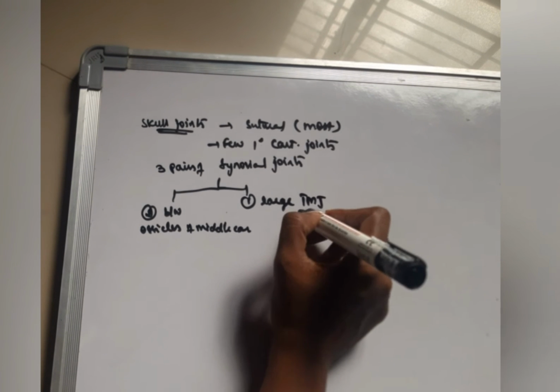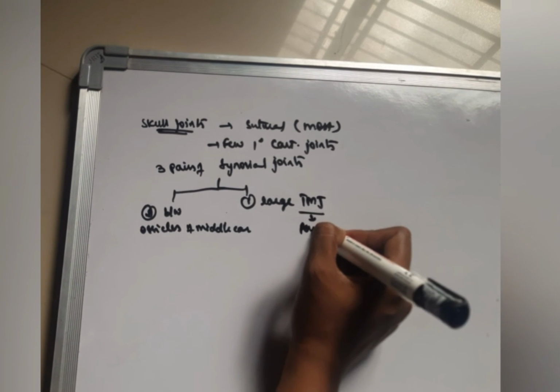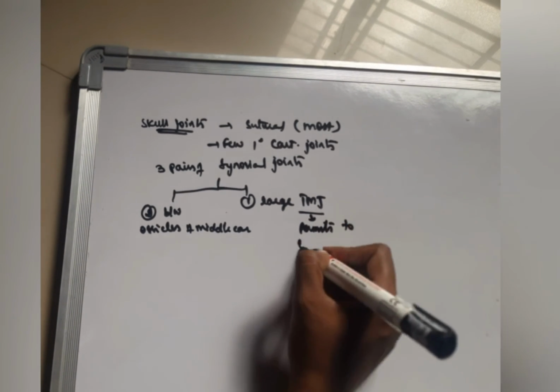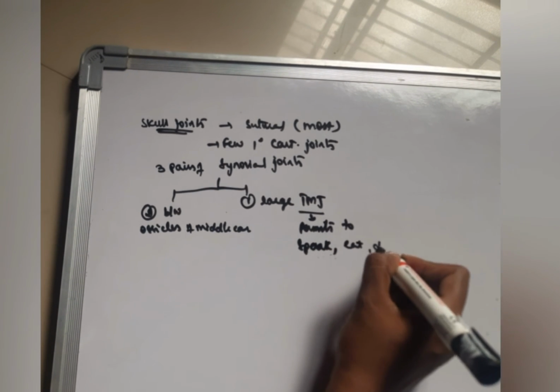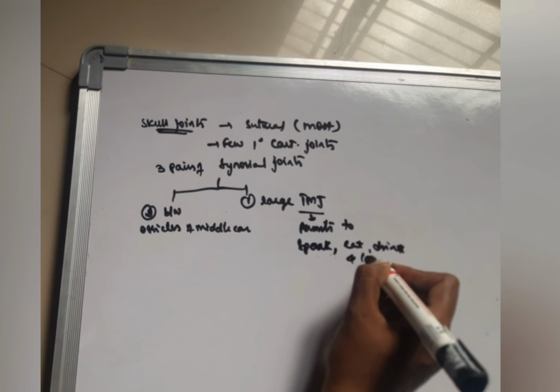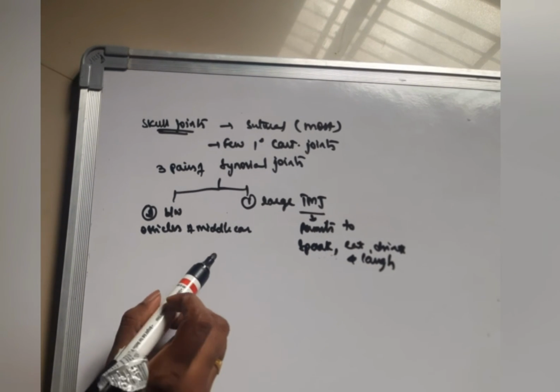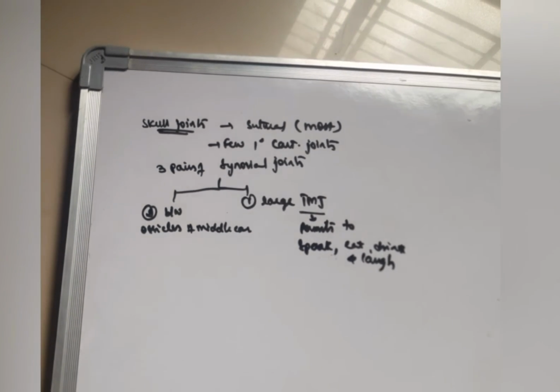Why synovial joint in TMJ? It permits us to speak, eat, drink and laugh. You will be knowing about the joints in detail, but for now just remember these points. These are the Viva points.